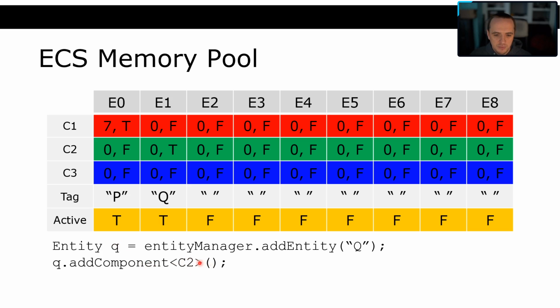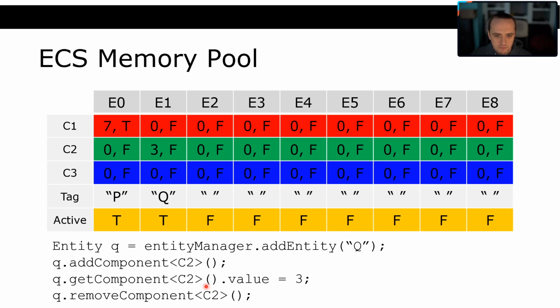Now we're going to add component C2, and so up here you see the Boolean of C2 is set to true for E1. Then we're going to set its value equal to 3. Now I'm going to remove component C2 from E1. All I do in order to remove the component is set the Boolean to false.